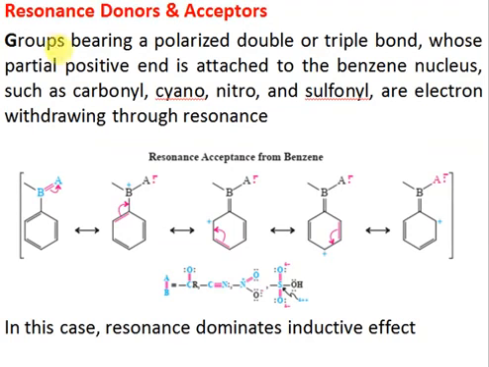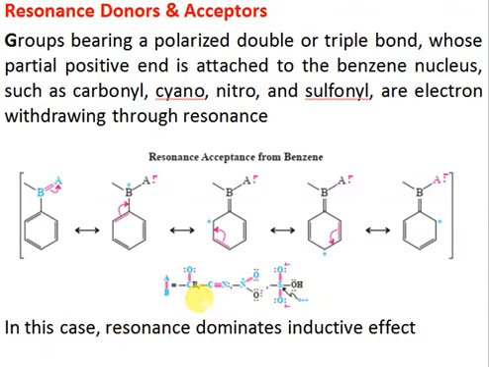Now we have groups that have a polarizable double or triple bond whose positive end is attached to the benzene ring. Again, we have the carbonyl system, cyano, nitro, and sulfonyl groups. These groups were electron withdrawing with respect to inductive effect. These groups are also electron withdrawing with respect to resonance effect.